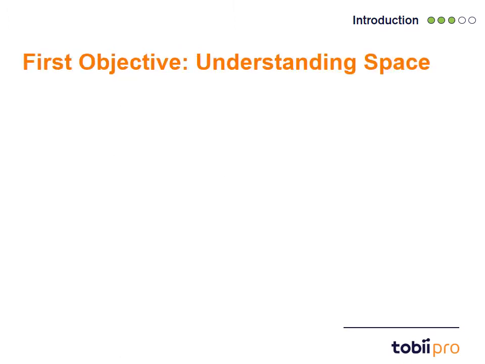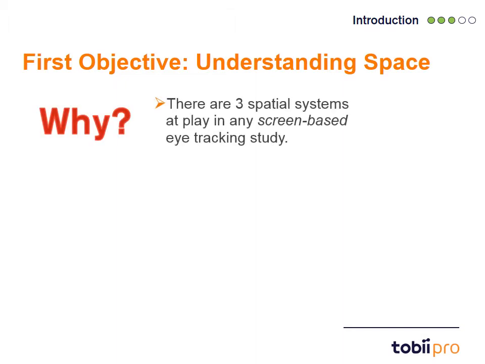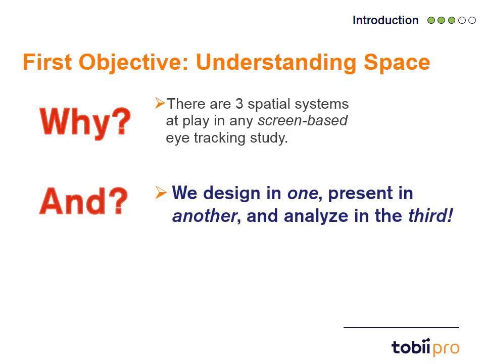Let's unpack the first objective a little bit more, understanding space. Why do we need to do so? Because there are in fact three spatial systems at play in any screen-based eye tracking study. And we design in one, present in another, and analyze in yet a third.